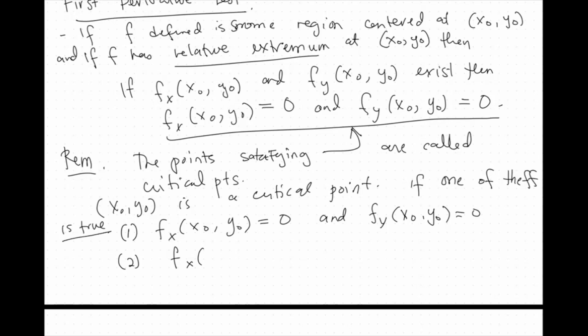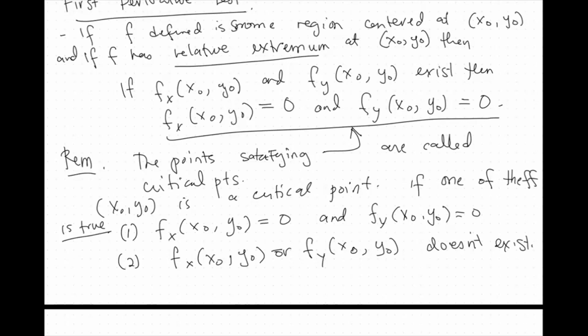So either the partial derivatives are 0 or one of them does not exist.